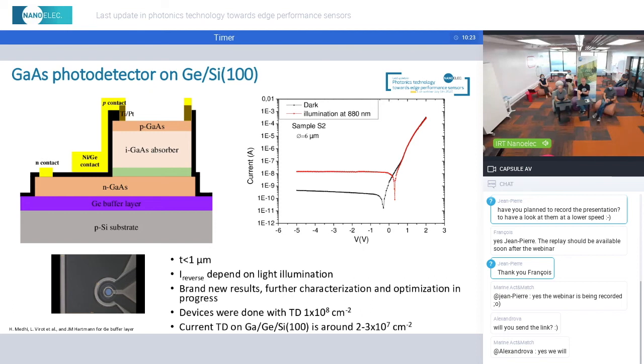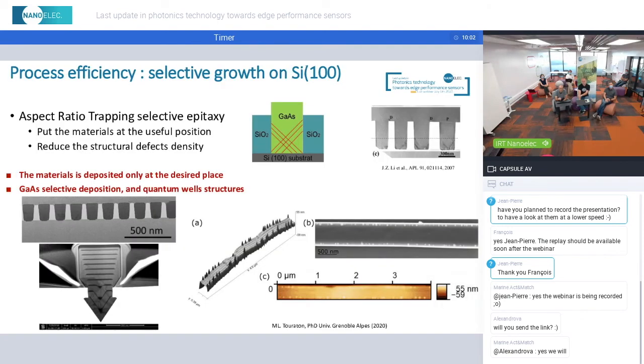As you see on the IV characteristic, the dark is the black spot and illumination the red spot. It's possible to detect light using this kind of device, even if the structural defect density is quite high.